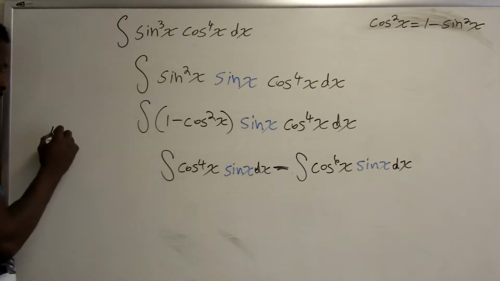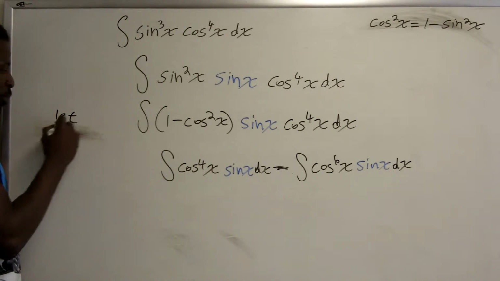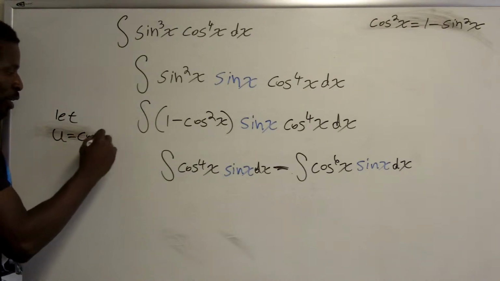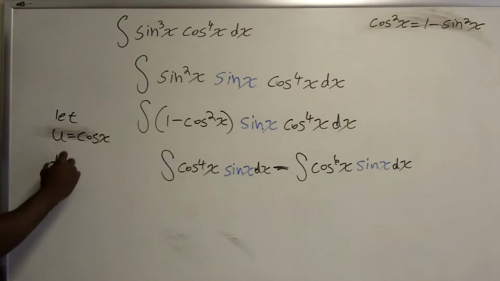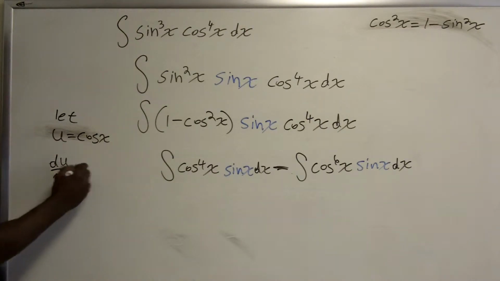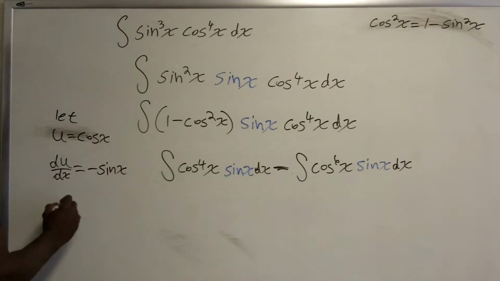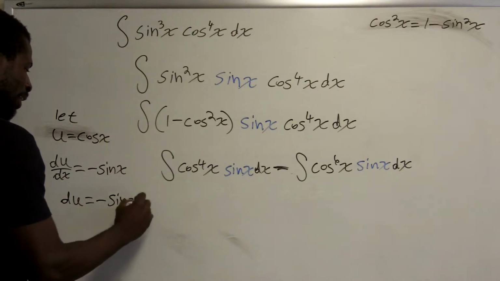Okay, once I have it written this way, you see that this integral here, if you let u equal the cosine of x, then du/dx, the derivative of u with respect to x, is going to be equal to the negative sine of x, which means that du is negative sine x dx.